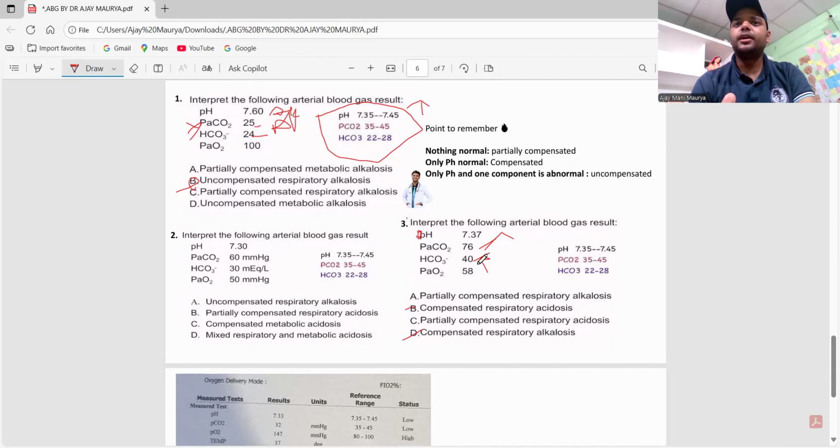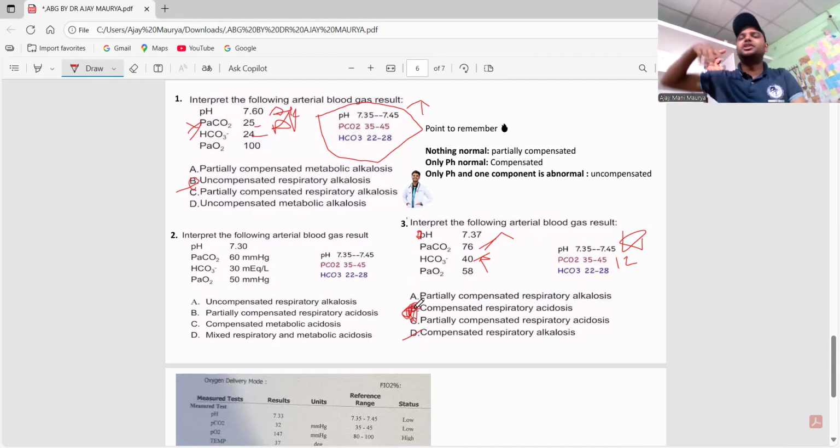The difference for bicarb is only 12. For CO2, normal is 35 to 45, and here it is 76, almost 28 more. It means CO2 is more to compensate. That's why the answer is compensated respiratory acidosis.